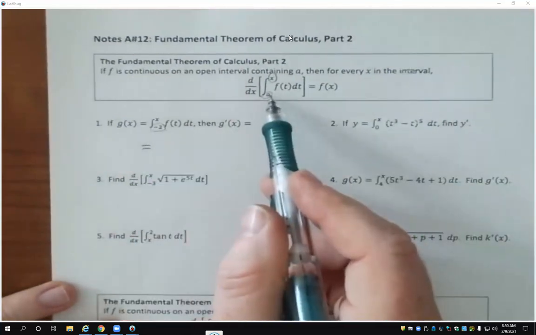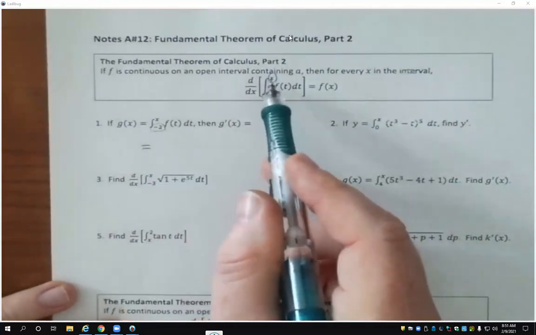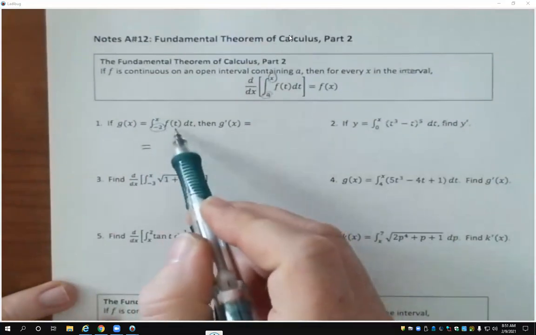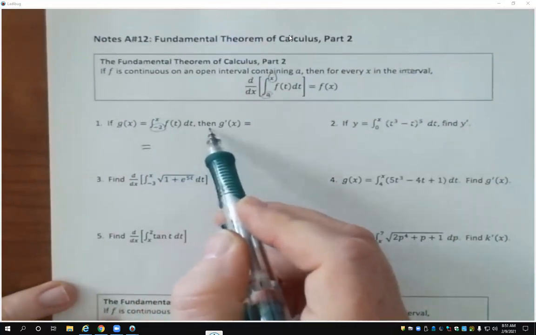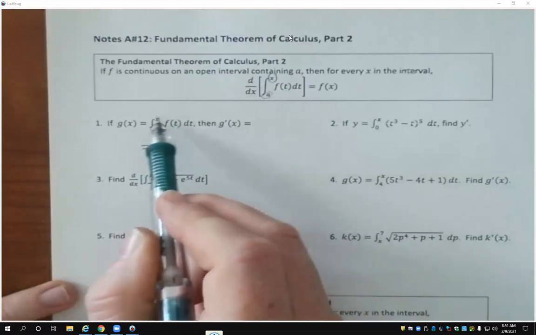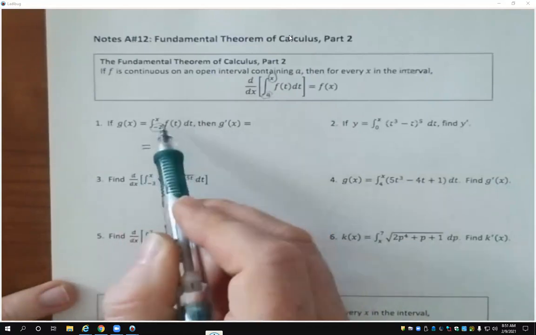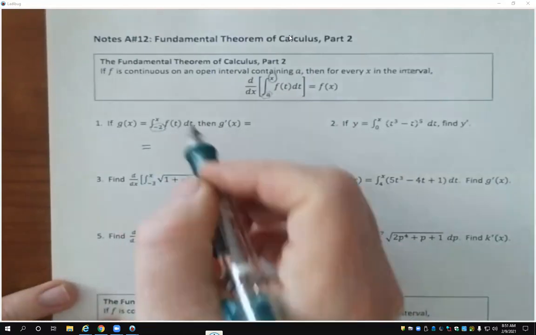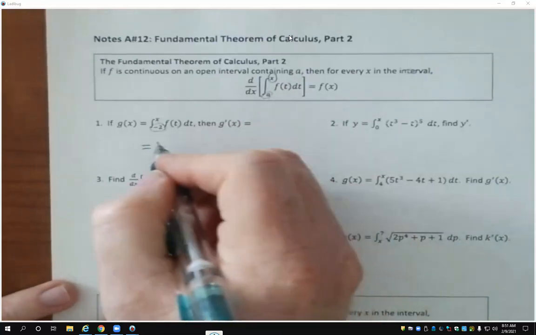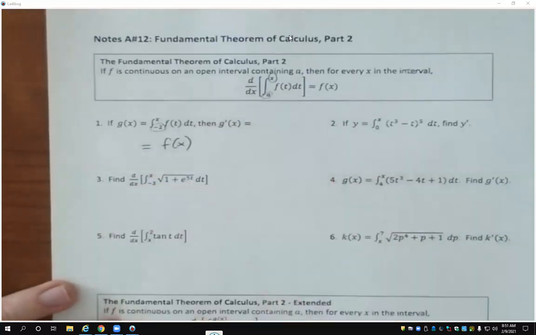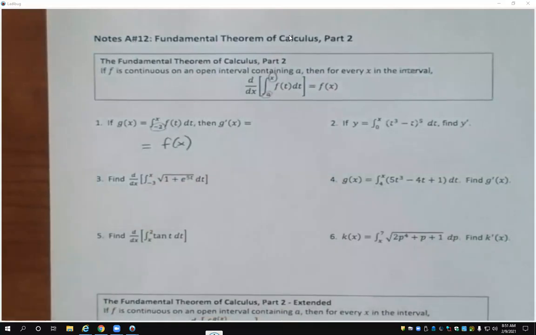So if I'm integrating from a to x, f of t dt, then this is g of x, right? G of x is this antiderivative. Then g prime of x equals, just plug an x into that t, and I get f of x. And that's really what the last question was, after you did 1 through 4 and you answered a question, and then 5 through 8 and you answered. That's what you're doing.